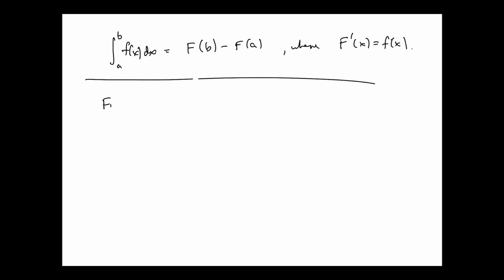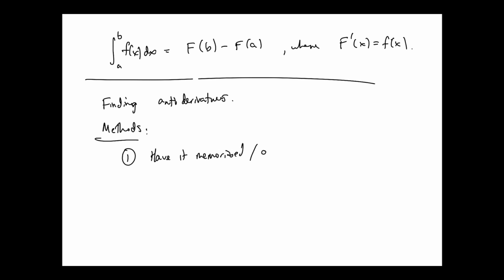So let's talk about finding antiderivatives. The methods that we have: we really only, at this moment, have one method, namely that it's something that we memorized or it's obvious.